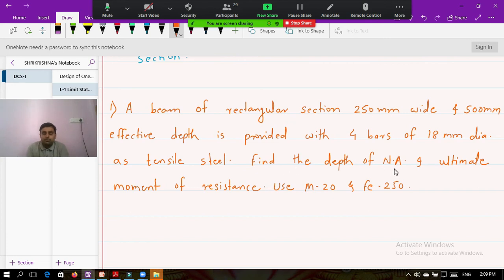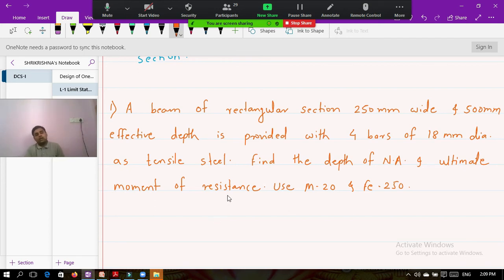Find the depth of neutral axis. So you need to calculate the value of XU. XU is nothing but the depth of neutral axis. Find the ultimate moment of resistance. So you need to calculate the moment of resistance of the section.